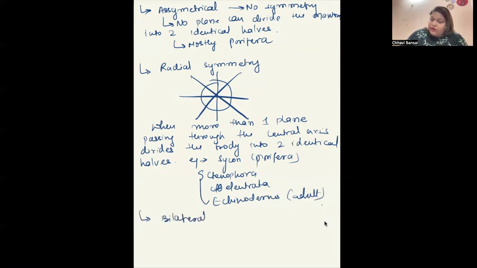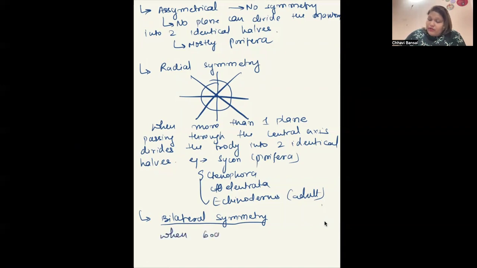bilateral symmetry. Humans have bilateral symmetry. It means there is only one plane that can pass through the central axis and which will divide the body into two identical halves, left half and the right half. That type of symmetry is called bilateral symmetry. Okay.